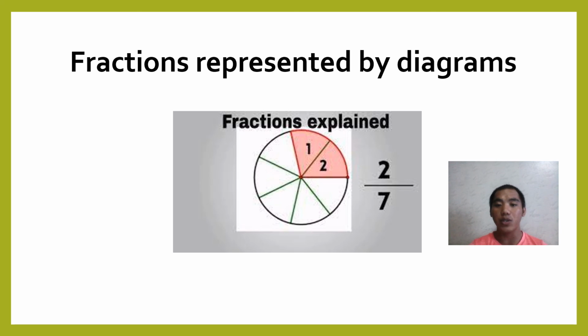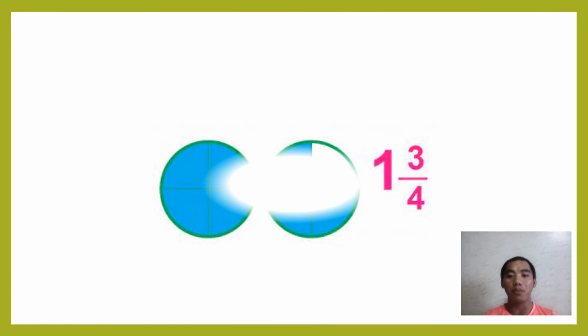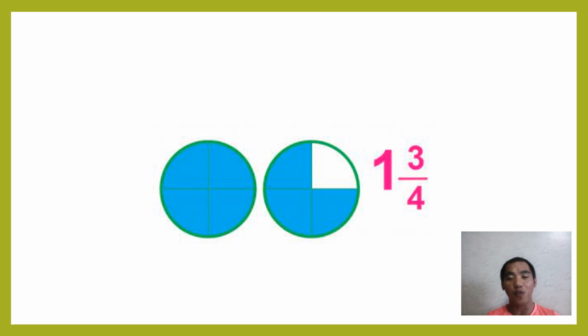Okay, so if we're going to represent 2/7 in a diagram, it will be like this. Now, next example here is we have 1 and 3/4.